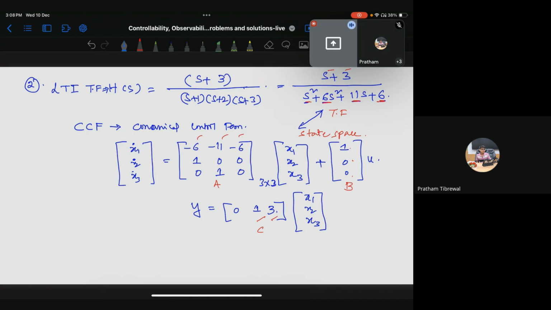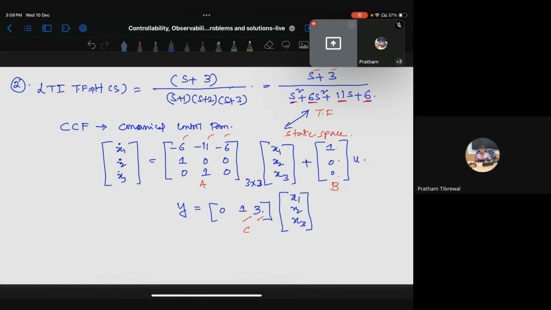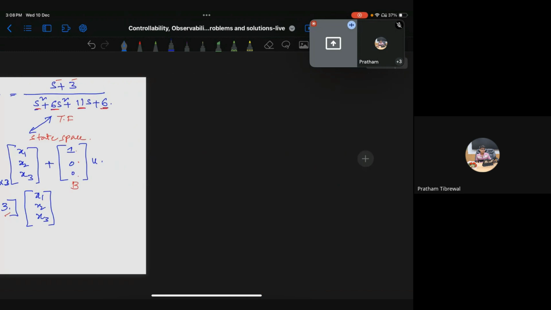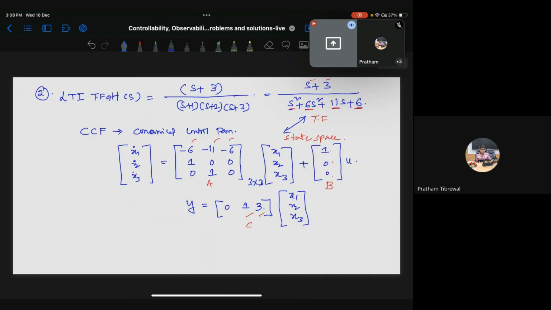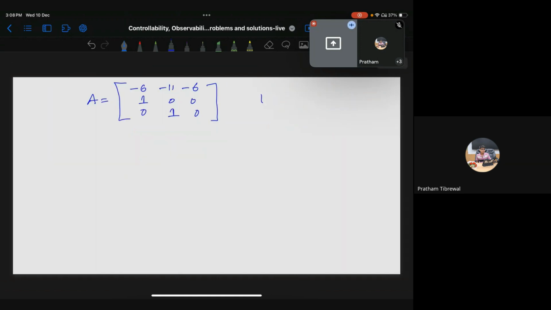Okay, so here, let me write down the A matrix, B matrix, and C matrix. The A matrix is -6, -11, -6, 1 0 0, 0 1 0. This is the A matrix from here. Next, the B matrix is 1 0 0.